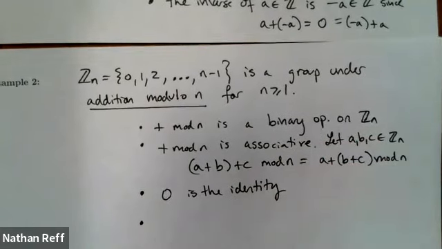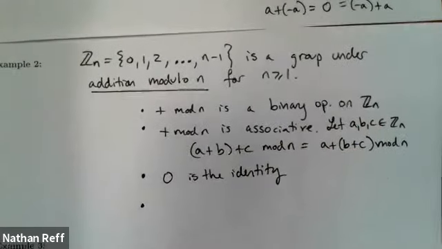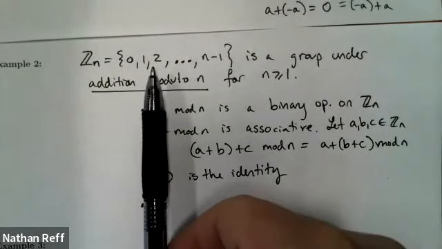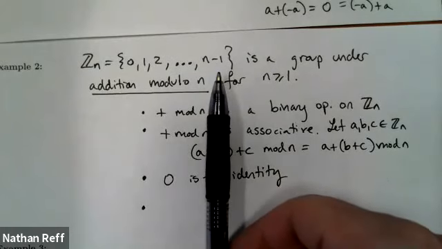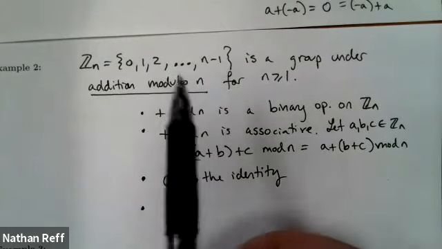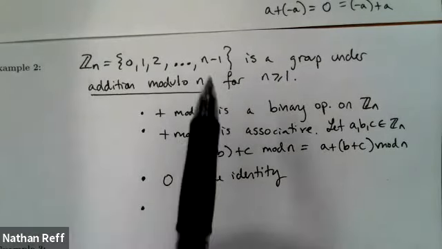Okay. And now, here is where you have to think a little bit. What are the inverses? Right. So if I gave you 1, for example, if you added n minus 1 to 1, you would get n, but then modulo n would be 0, right?